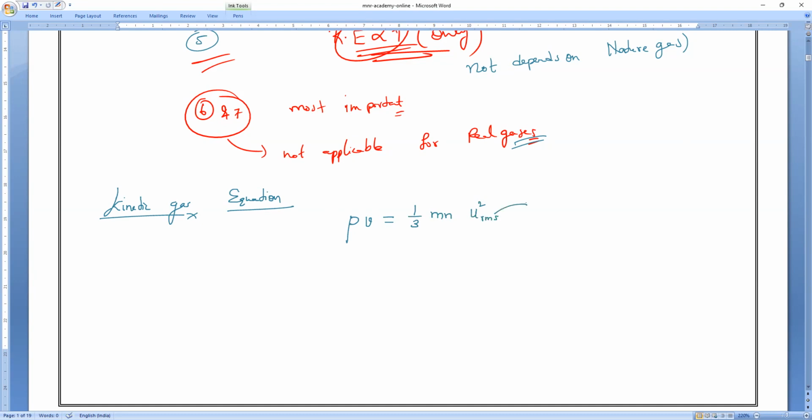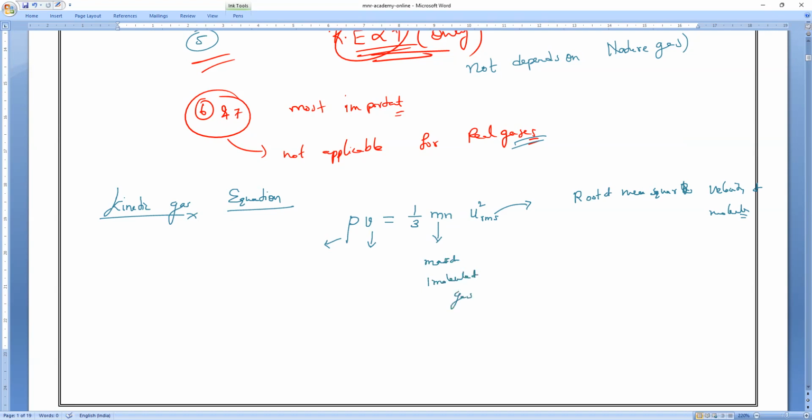So what is urms, everybody? Root mean square velocity, the mean square velocity of molecules. So that is what we call urms square. So here P means pressure, V means volume, M means mass of one molecule of gas, this is very important.